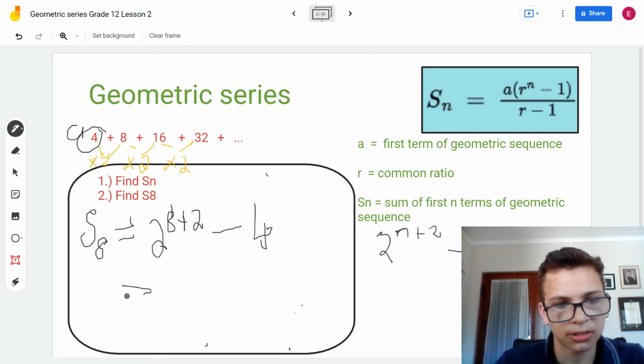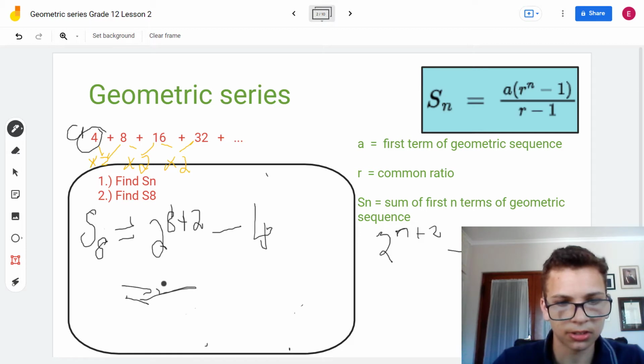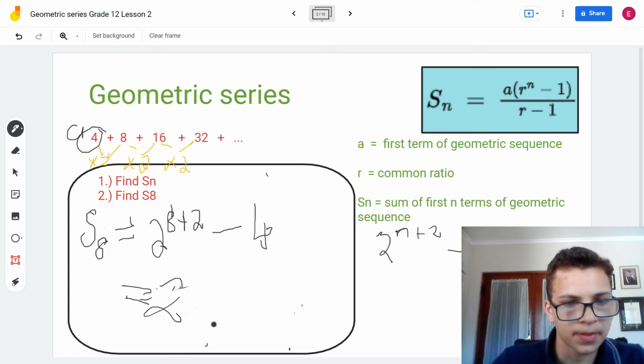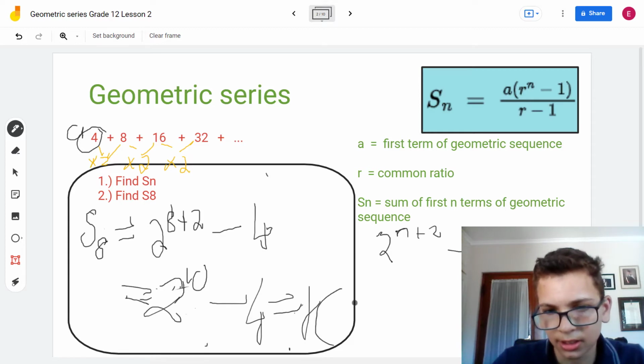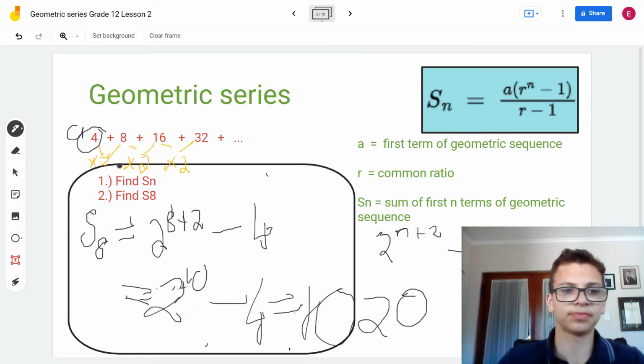Okay, and it equals 2 to the power of 10 minus 4, which would be 1020. Okay, that will be the answer to this question.